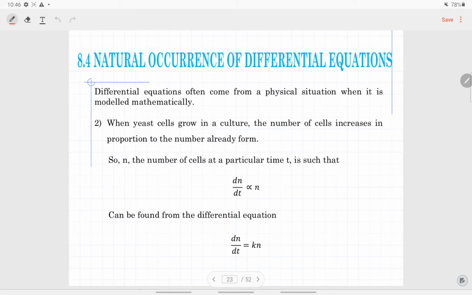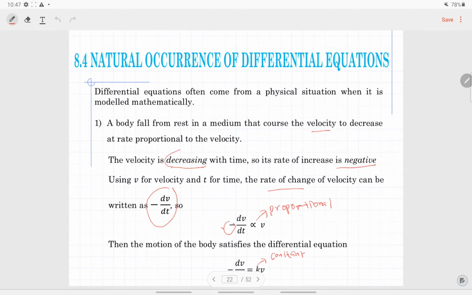Differential equations often come from a physical situation, just like the previous slide. That one was decreasing, right? But this one is when yeast cells grow. Just now it was decreasing, so it was negative.